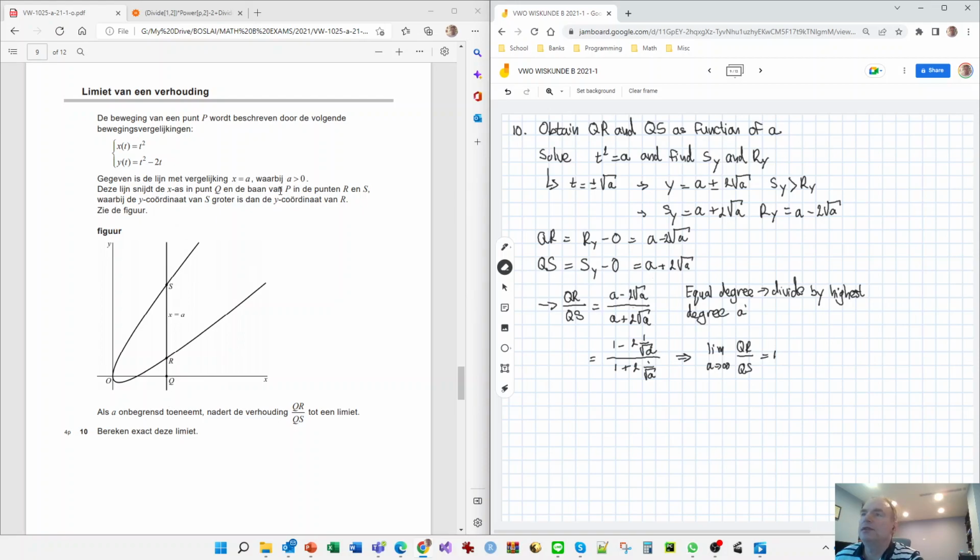If a is greater than 0, it intersects the x-axis in point Q, and then this form in R and S. And the y-coordinate of S is greater than the y-coordinate of R. And then they state if a is increasing without limit, so the limit to infinity basically, then the ratio QR over QS will approach a certain limit, and we need to calculate it exactly.